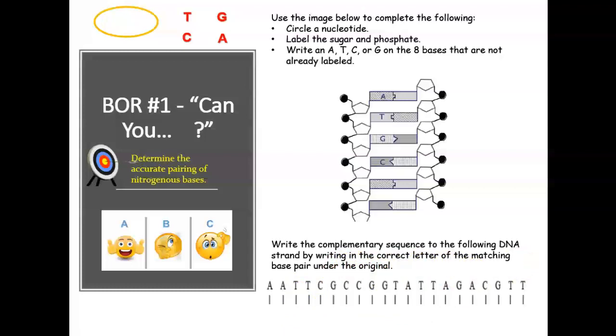So the first one was circle a nucleotide. Okay, so remember that a nucleotide is the house with the flag and a balloon. During class, one of the things we corrected was many of you wanted to just select one of these structures.